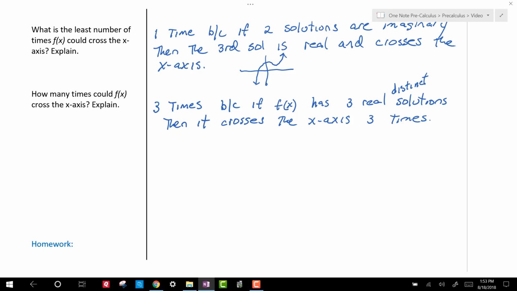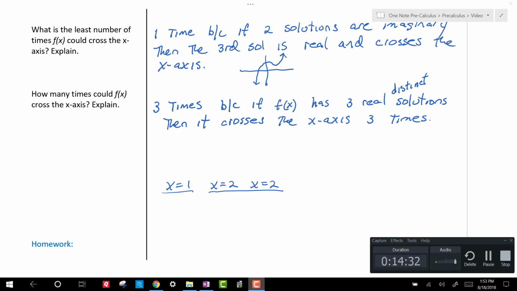What happens when we get x equals 1, x equals 2, and then the 3rd solution is also x equals 2? In that case, we only touch the x-axis twice. Okay? That's it. Alrighty then.